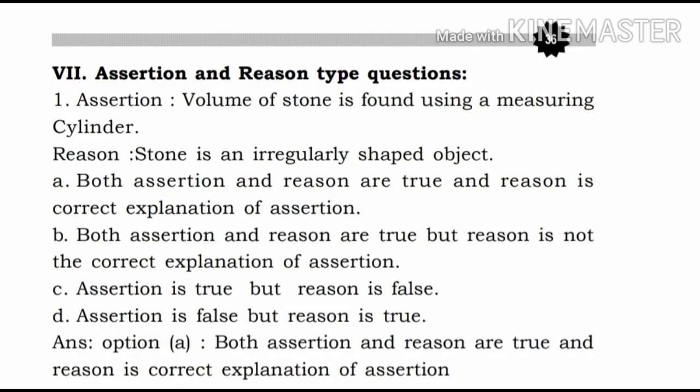Roman letter 7 is assertion and reason type questions. What do you mean by assertion? Assertion means a statement. Four options are given: A, B, C, D. You should check the assertion and reason, and according to that, choose the option. First one, assertion: volume of stone is found using a measuring cylinder.